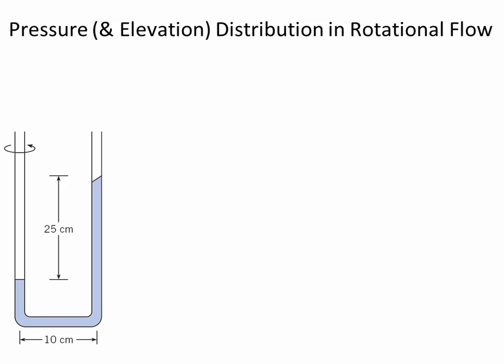It's very clear. It's rotating about the left leg because of that little circular arrow there. Before it was rotating, the water level was at the same spot. But when they started rotating this, the water level rises on the outside leg. Why do you suppose that happens? Why is the water level rising over here on the right?